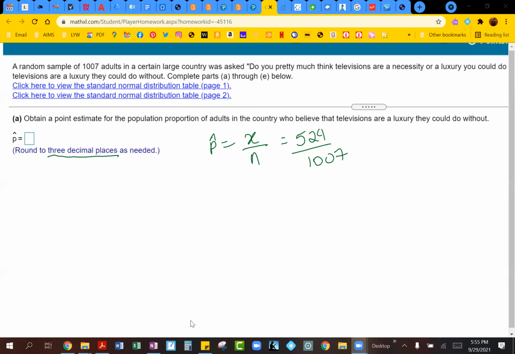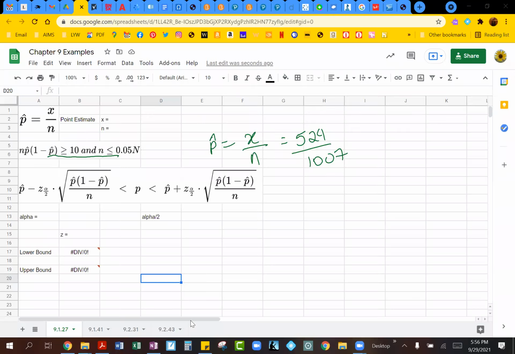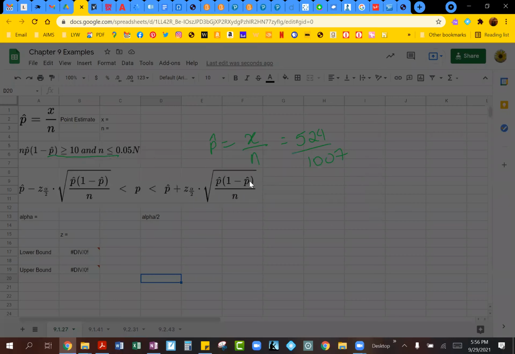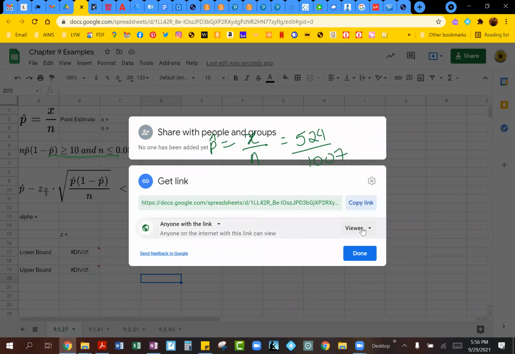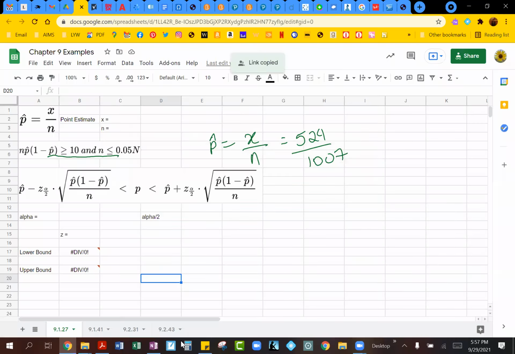Okay, so let me see if I can share this one with you. And you know what? Let me share this Google Sheet with you. So if you guys are still working through homework and stuff, you should be able to use this. So in the chat, I will go ahead and send you the link to this Google Sheets.